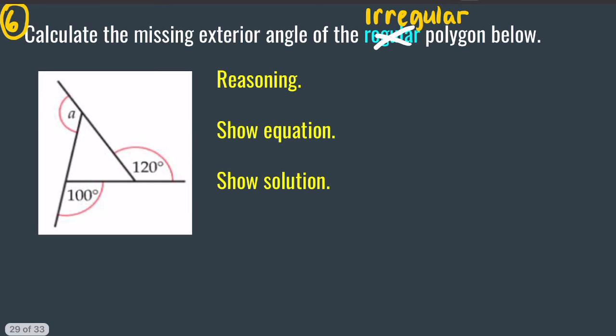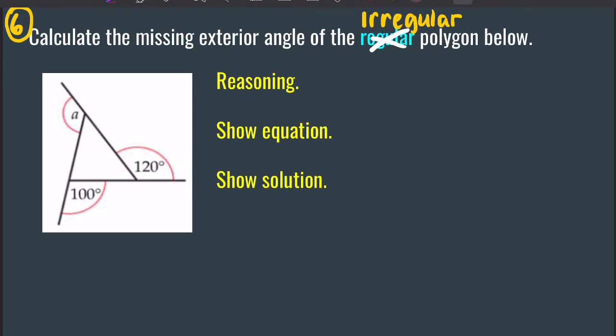So I made a mistake here. It should be irregular. If you look here, you will know it's irregular. Why? Look at the exterior angles. One is 120, one is 100. We know that in regular polygons all angles are equal, and that includes exterior angles. So if this were a regular polygon, all the exterior angles should be the same.